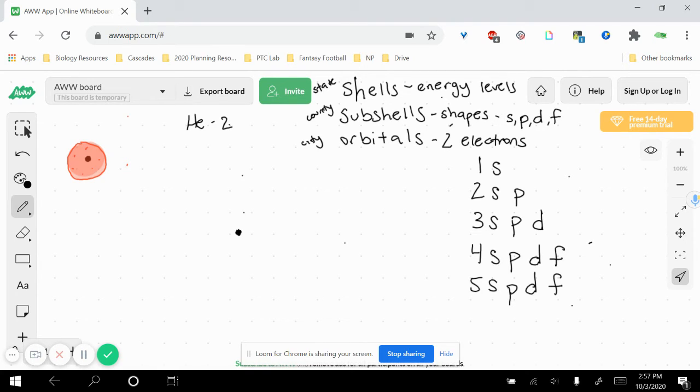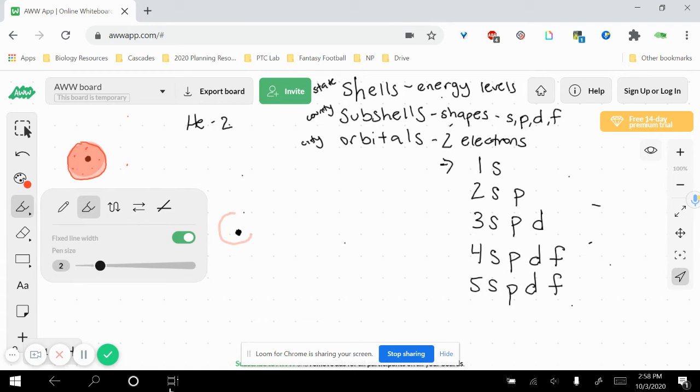So when we're starting out, we have to start at the beginning. The same way you start at the beginning of the game, you have to start at the beginning of electron configuration. And the beginning is this first energy level, this first shell. So where we start is always going to be 1s. We're in the first energy level, and we're in the S subshell.